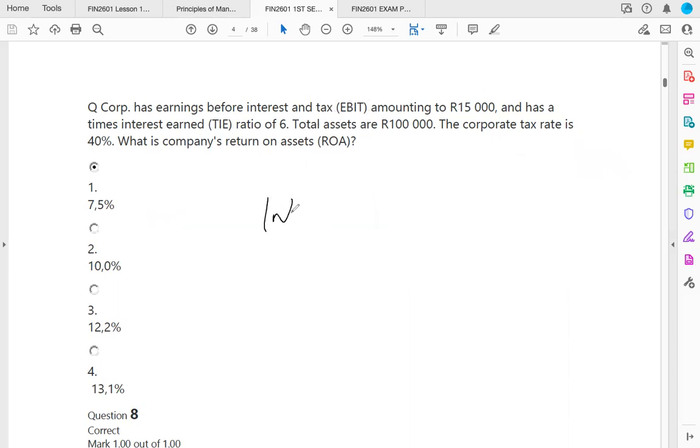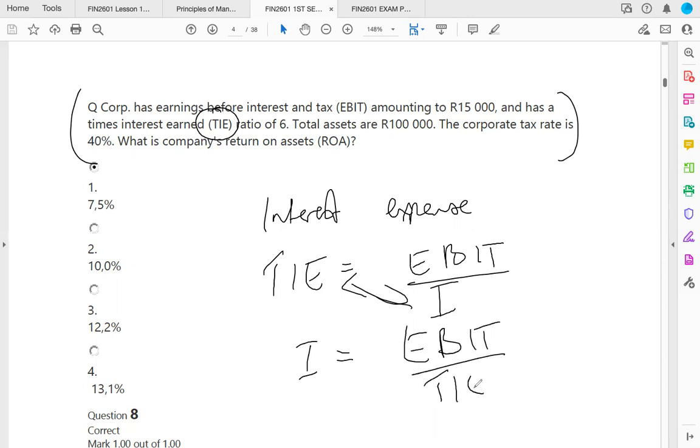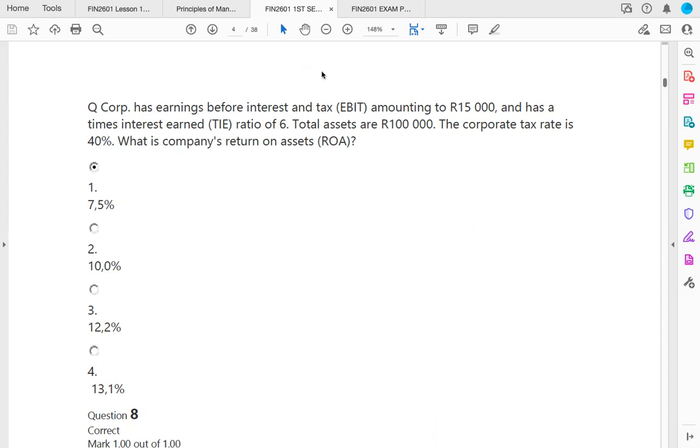So the first thing we need is the interest expense. Is there any ratio here that has the interest expense? Yes, there is. The times interest earned ratio has the interest expense in it. We know that the times interest ratio is equal to our EBIT over our interest expense. So if we cross multiply, our interest expense is equal to our EBIT divided by the times interest earned ratio, which will be 15,000 divided by 6, and that will give us our interest expense.